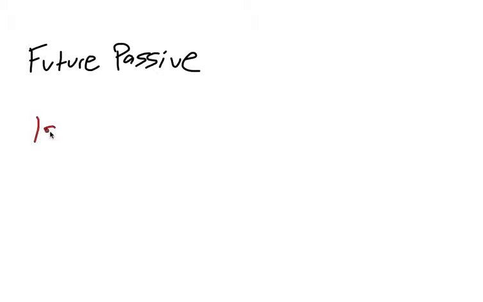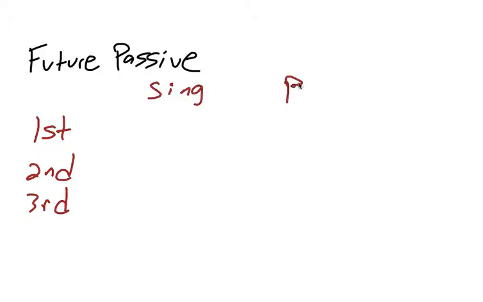Okay, now we're going to do the future passive. Okay, and this is pretty easy. We're just going to change out the m, s, t, mus, tis, nt, for r, ris, tur, mur, mini, ntur. So we have first, second, third person, singular and plural.